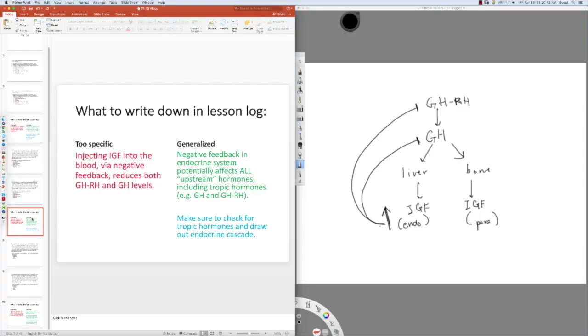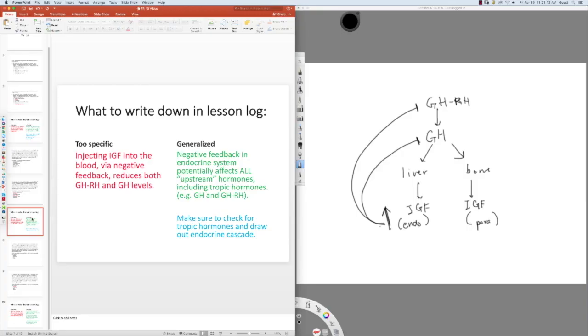But that first part, where it says injecting IGF into the blood, is so specific to this problem. It's hard to imagine that another exam problem or a later learner's manual problem will have this exact experiment where they injected artificially high IGF into the blood in children with GH production issues. This is hardly applicable to any other problems.